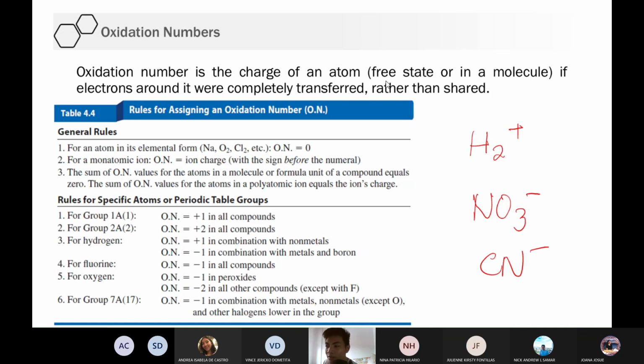So, if that's the case, paano natin malalaman yung oxidation number ng atoms? What is the oxidation number of this one?